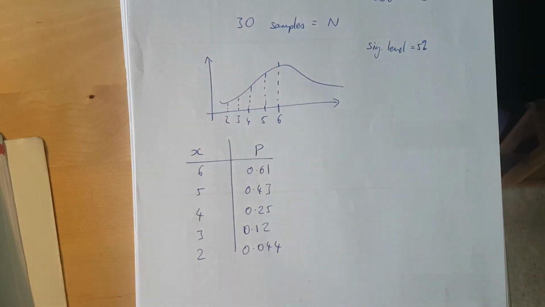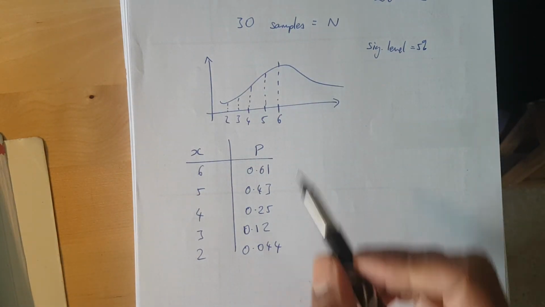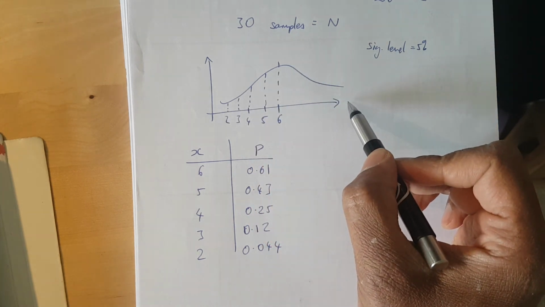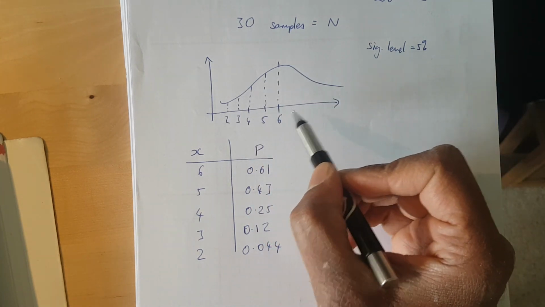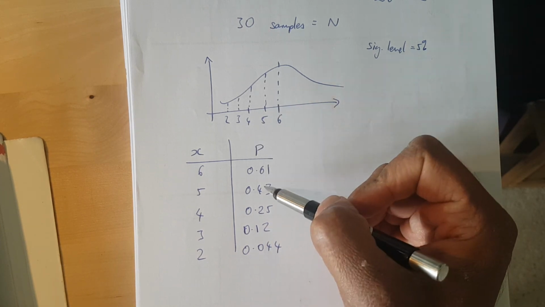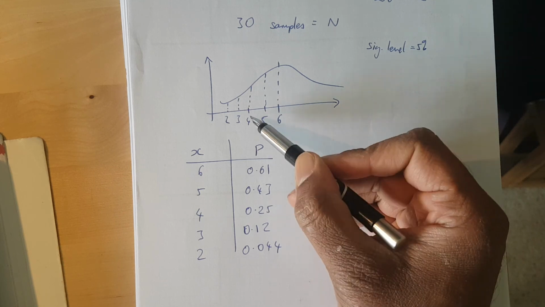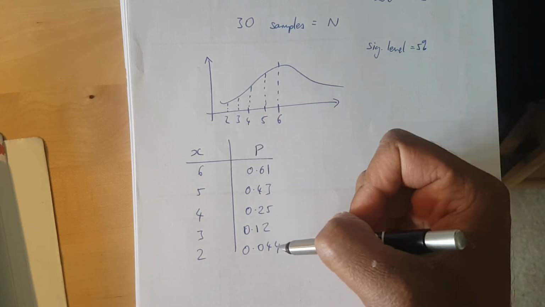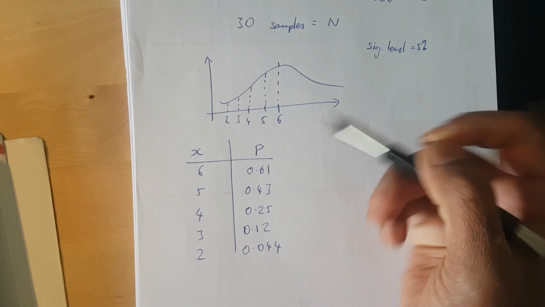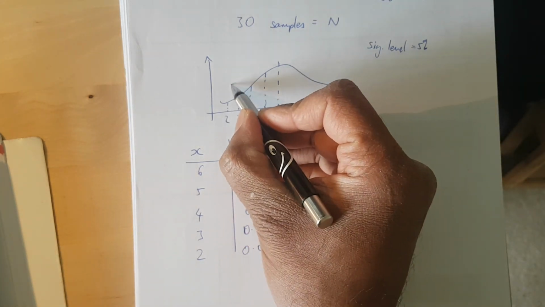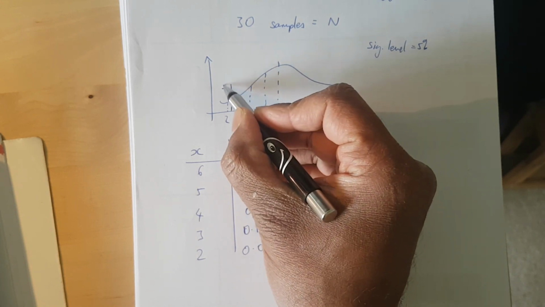So what's that telling me? That's telling me that the proportion of the total area under this curve, which of course sums to 1, the proportion left of each of these values at 6 is 61%, at 5 is 43%, at 4 is 25%, at 3 is 12%, and at 2 is, well, 4 and a bit percent. So at the 5% significance level, I'm allowing up to, well, about there really.